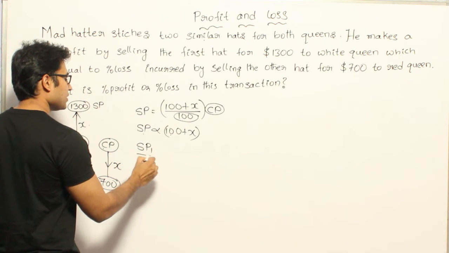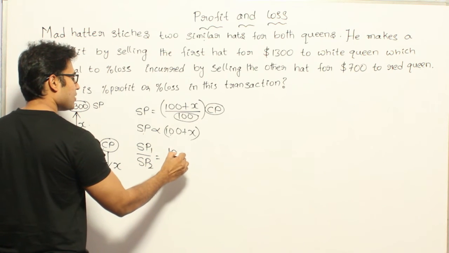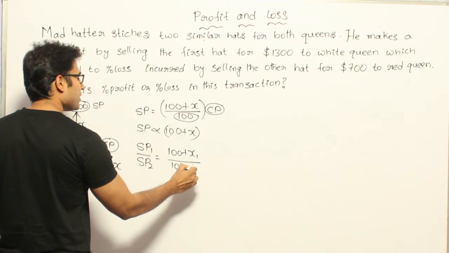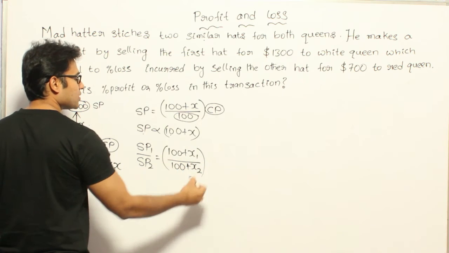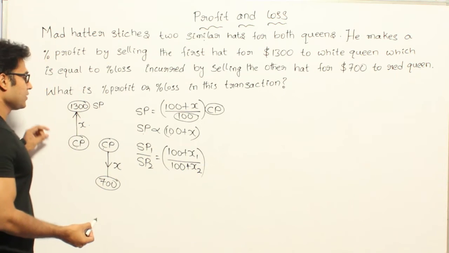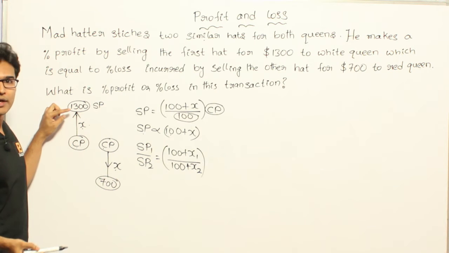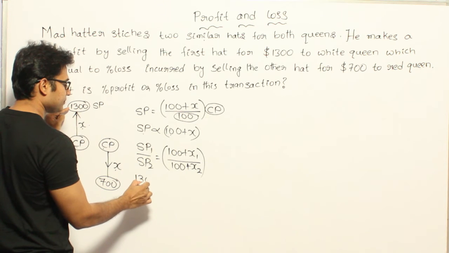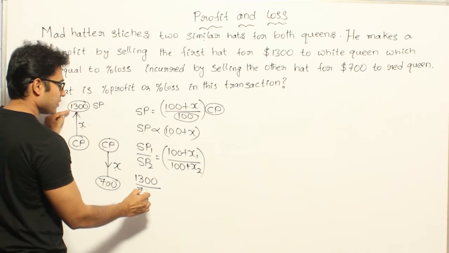Now SP1 divided by SP2 equals (100 plus profit percent 1) divided by (100 plus profit percent 2), if both are profits. Now we know there is a profit of X and a loss of X. So SP1 is 1300 and SP2 is 700.